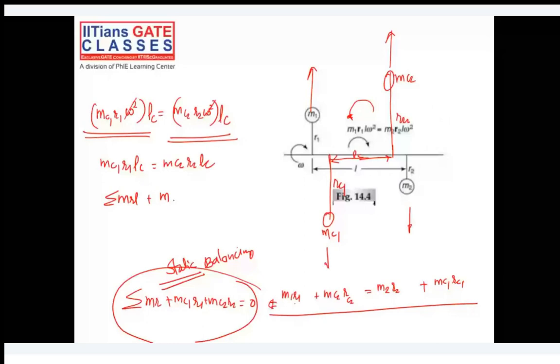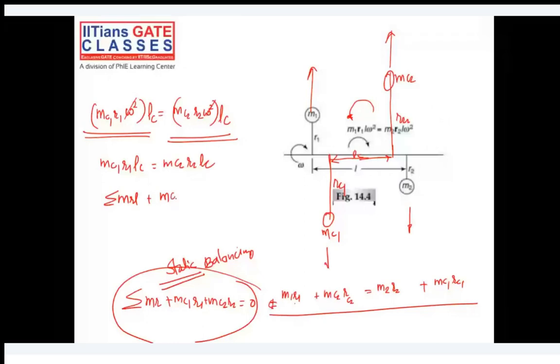Either you can take two or one. Let's say you are taking two, MC2 R2 and LC. This has to be 0.